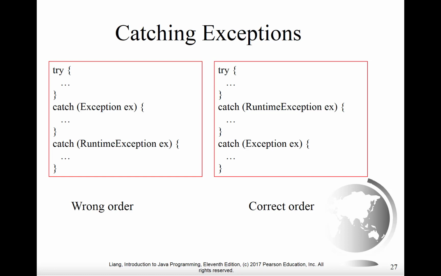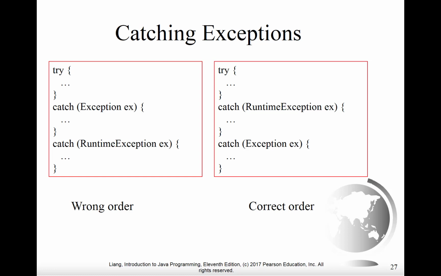So we have a try block, and then we have 2 different catch blocks to catch 2 different possible exceptions that might arise. But remember, a runtime exception is an exception. So it's just as good to use a runtime exception in any context where you would require an exception, because you can use a child wherever a parent is required. So exception's a parent, runtime exception is a child.